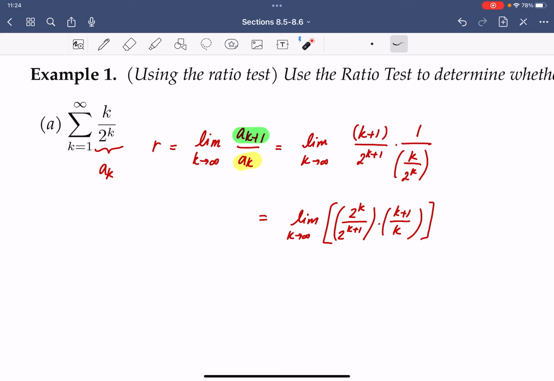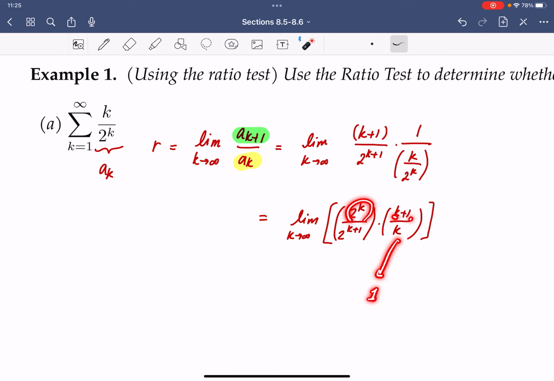Right now, I don't want you to feel panic with the limit here. If you feel like you can get the answer, just give me the answer. But if you want to show your work, you can show your work. If I were a good student, you can see that this limit is 1, because as k goes to infinity, k plus 1 over k goes to 1.